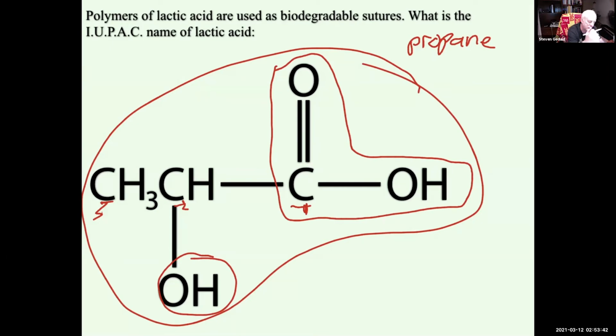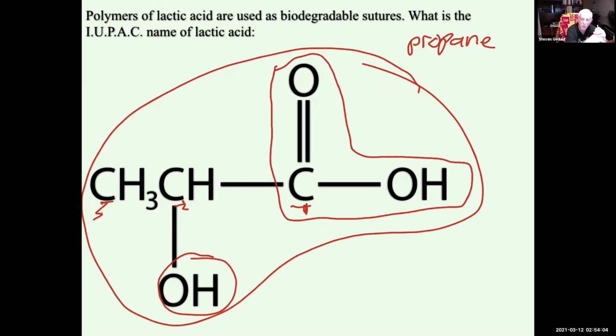The carboxylic group has 2 oxygens. The OH group has 1 bond to oxygen. The carboxylic group has 3 bonds to oxygen. So there are more bonds to oxygen and more oxygen in the carboxylic acid, so the carboxylic acid is the most oxidized. So that is our functional group, how we're going to name it.